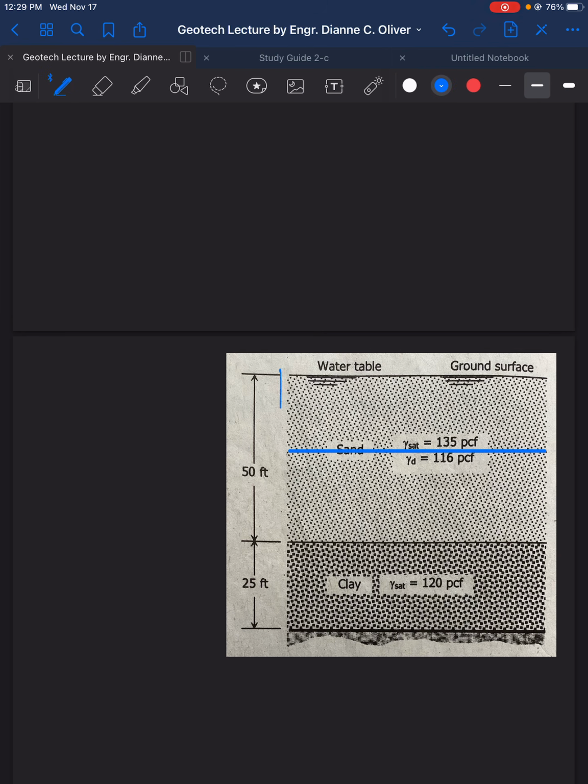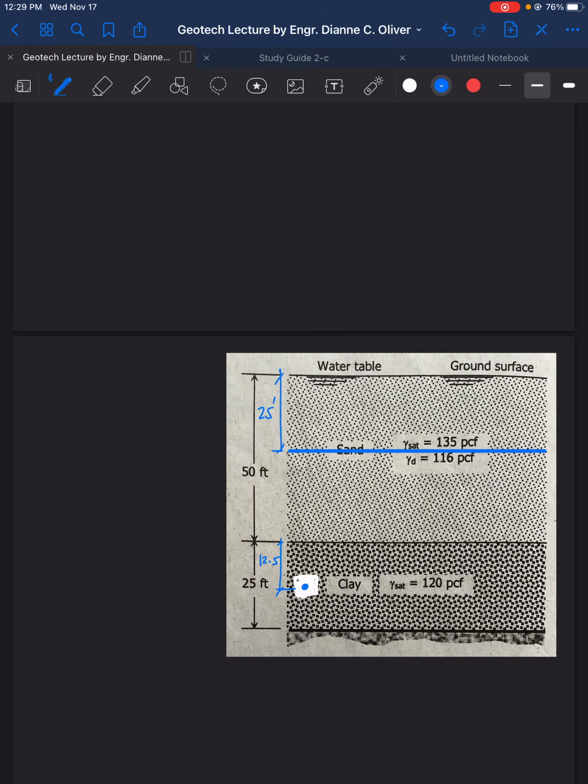So this is 25 feet. And then still we are looking for the effective stress at the mid-height of the clay layer, 12.5 feet.